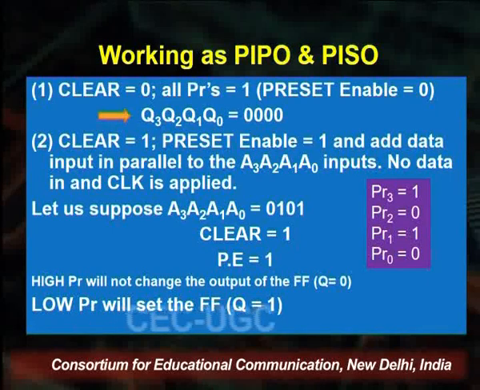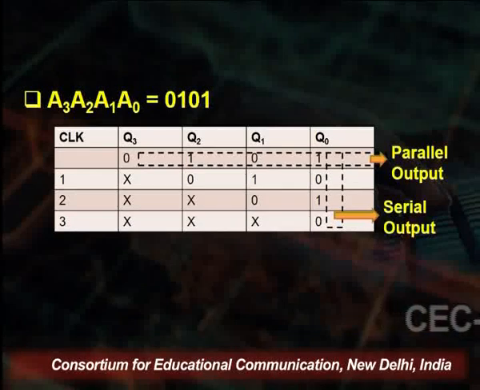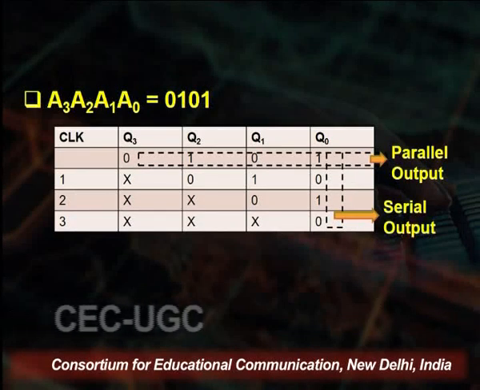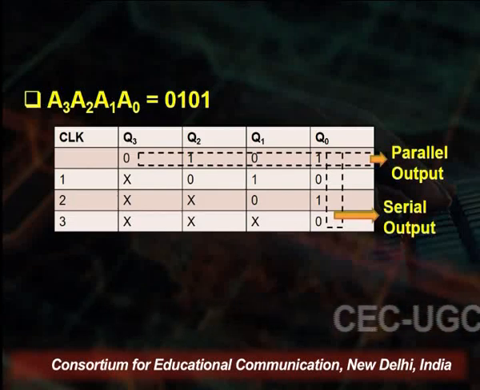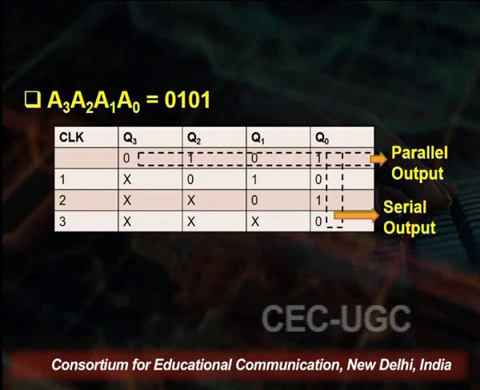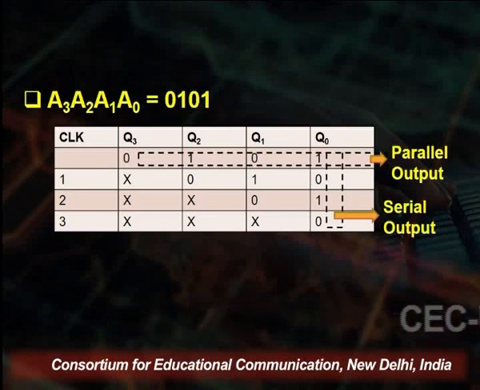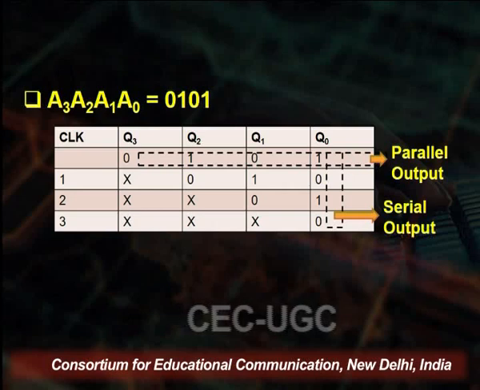So therefore, moving on, the moment we have the clock as 1, we get Q3 as X010, and as we can see, we keep feeding in the clock pulses, and by the 4th clock pulse the serial output is obtained.